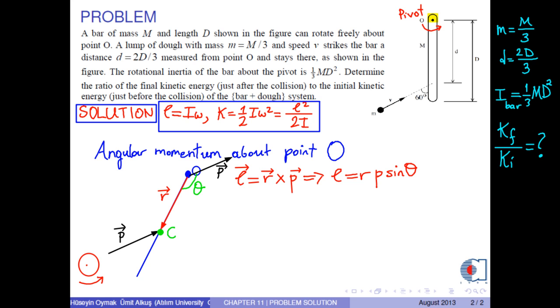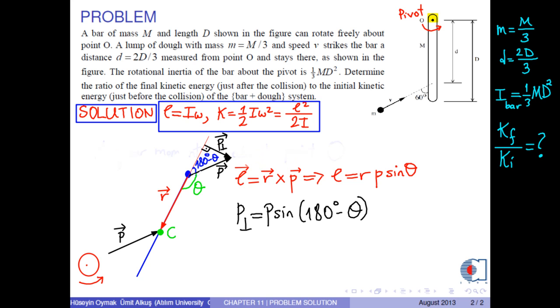According to this example, the component of the linear momentum perpendicular to the line of extension of the position vector is calculated by the formula p times sine of 180 degrees minus theta. If we use the trigonometric identity here, since sine 180 degrees is 0 and cosine 180 degrees is -1, then we obtain p perpendicular as p times sine theta.